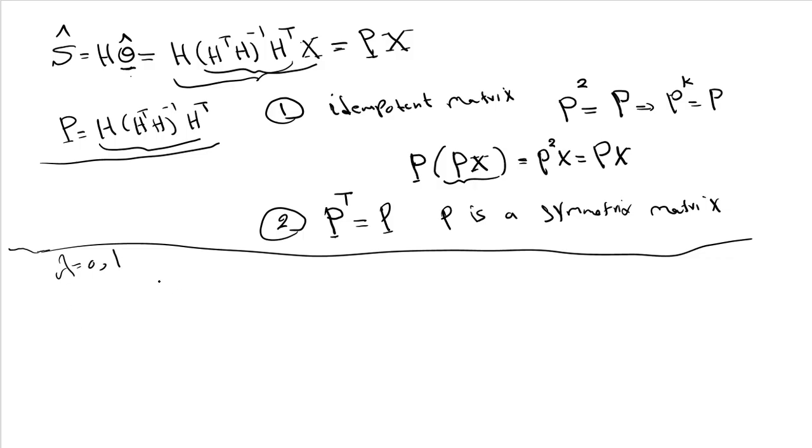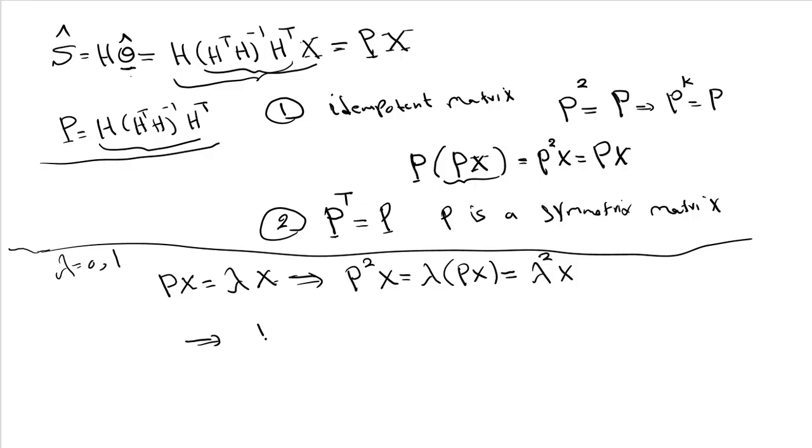Let's verify this. Px equals lambda x. If I multiply both sides by P, I will have P2x equals lambda Px, which is lambda 2 x.